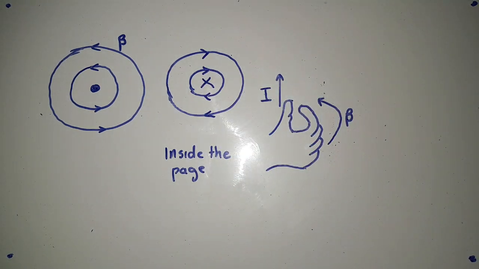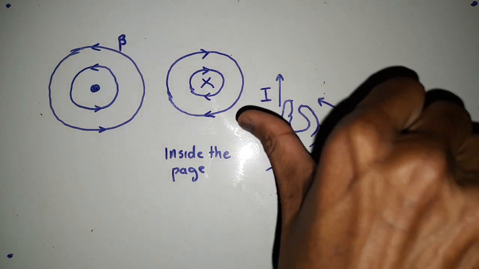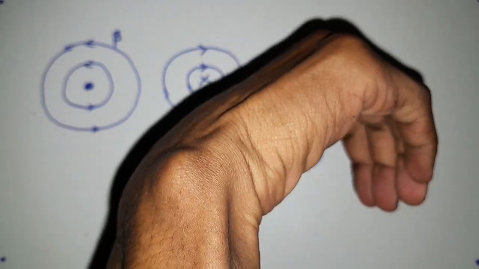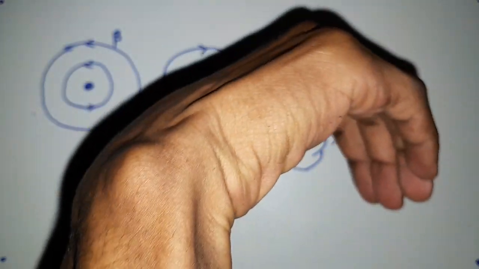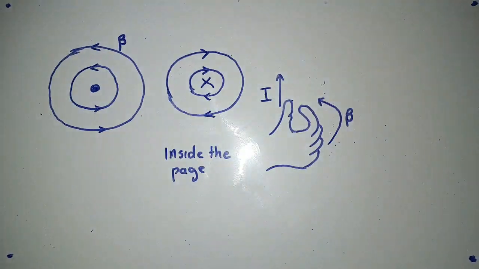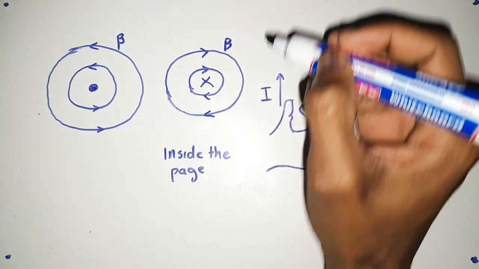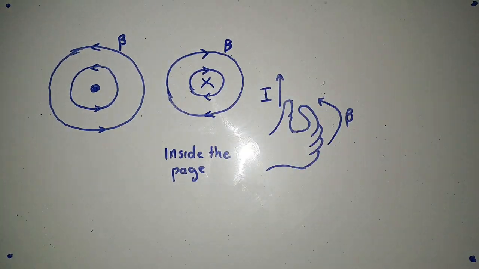I hope you get the picture, because if I turn my thumb like this, my curled fingers are going to move clockwise. There we have the current which is moving towards the page. Do you understand? Now let me proceed.